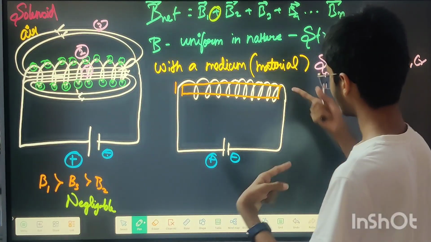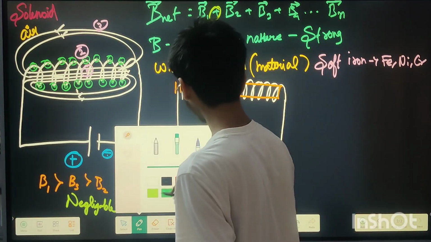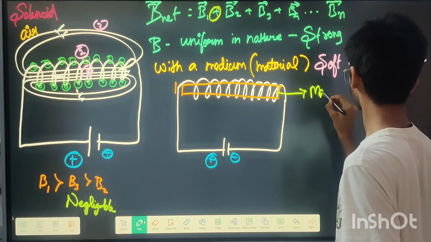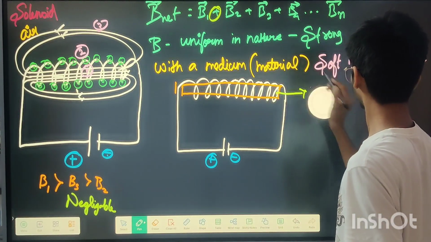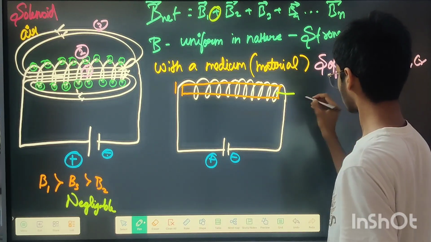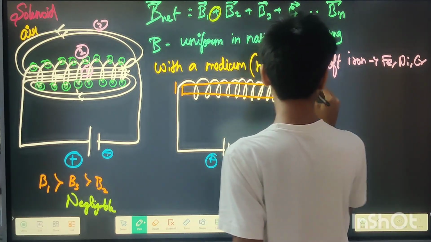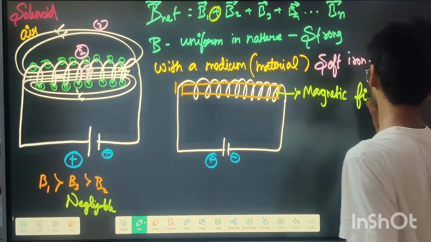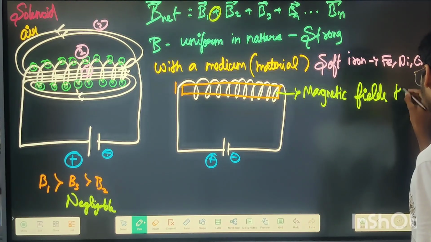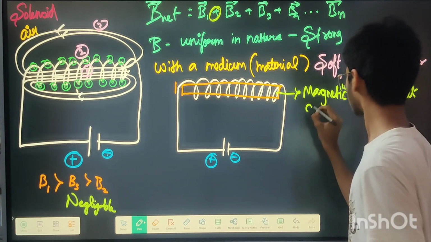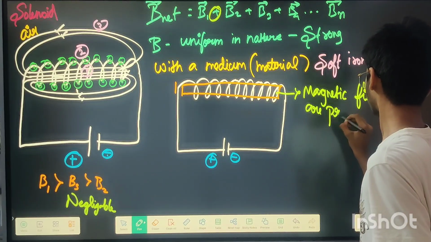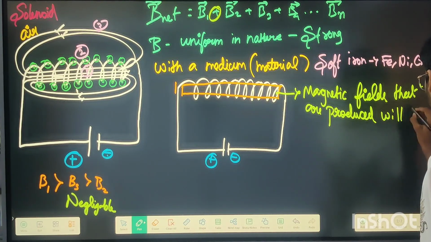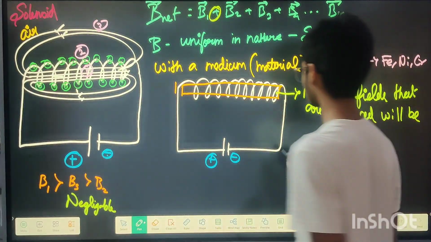It will be coiled, where the magnetic fields that are produced will be highly concentrated.